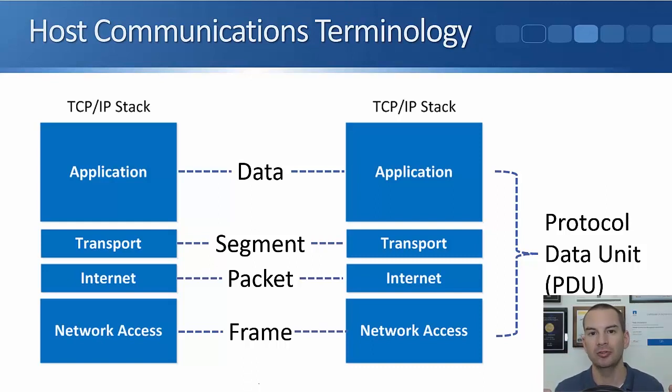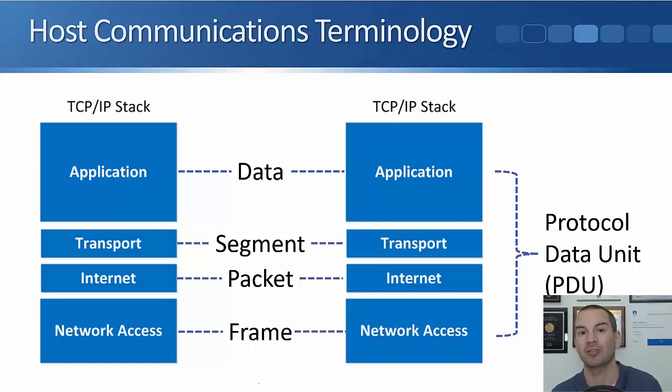We can also divide that into different terms depending on which layer of the TCP/IP suite we're talking about. For communications up at the application layer, that's called data. For communications between the transport layer on 2 different hosts, that's called segments. Between the internet layer, those are our packets, and down at the network access layer, those are our frames.